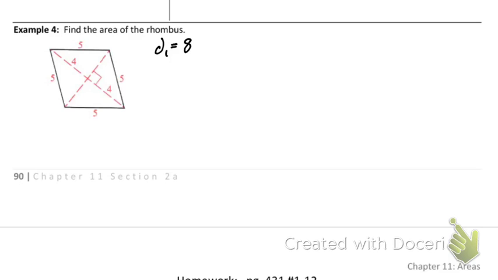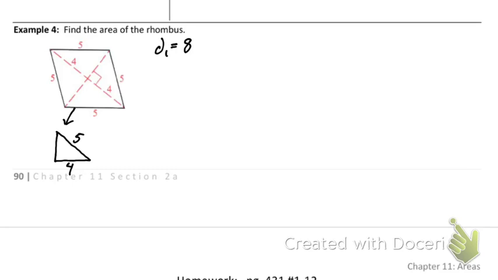Well, one of the properties of a rhombus is that the diagonals intersect at a 90-degree angle. You have to remember that. Diagonals of a rhombus intersect at a 90-degree angle. So we have 4 right triangles. Let's go ahead and draw one of these right triangles, where the hypotenuse is 5.